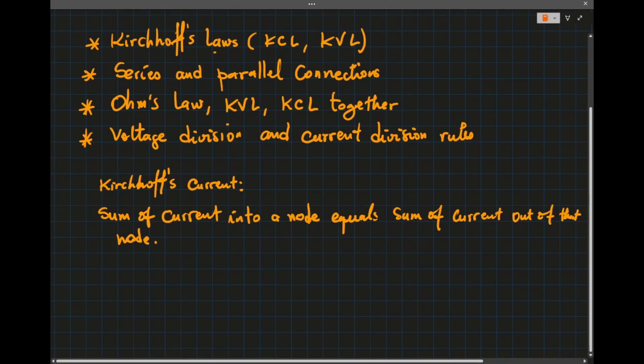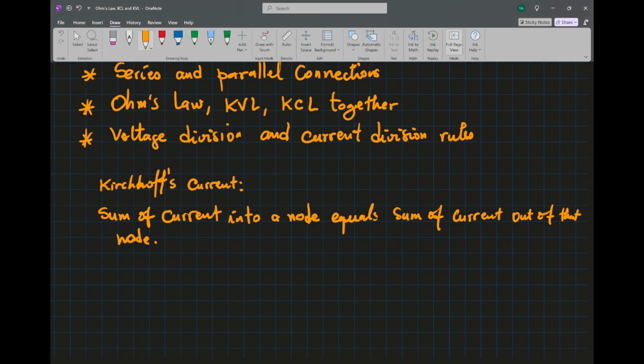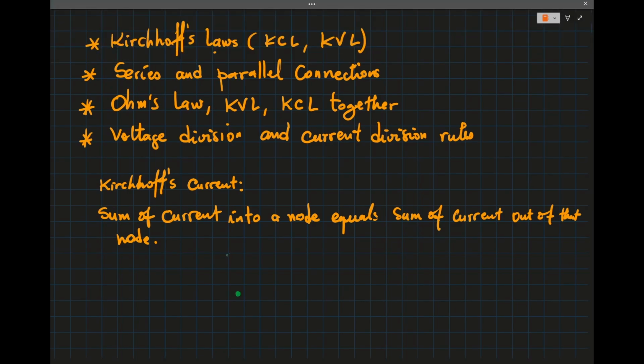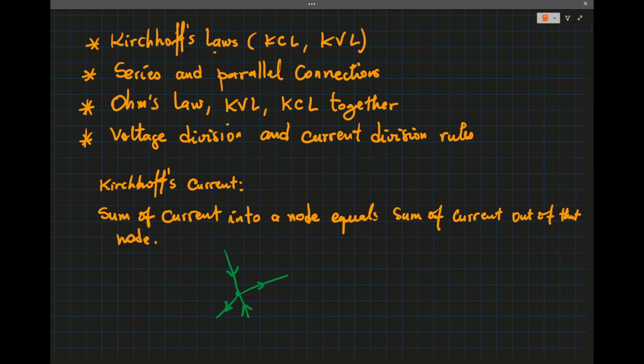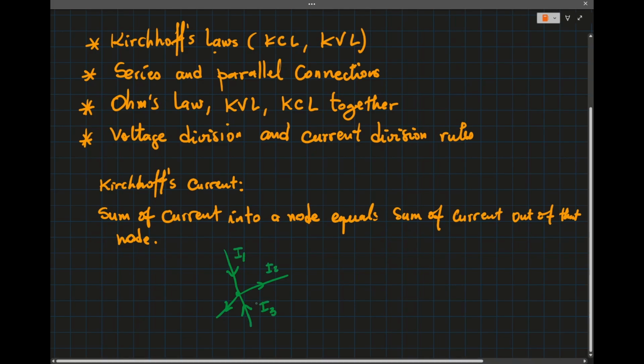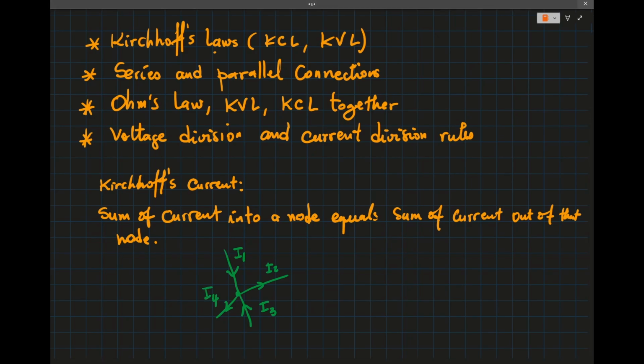Okay, so we gave this example where we have a node and we have current. Let's say this is I1, this is I2, I3, this is I4, and the node is that.